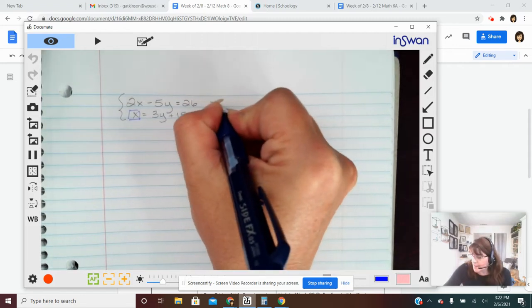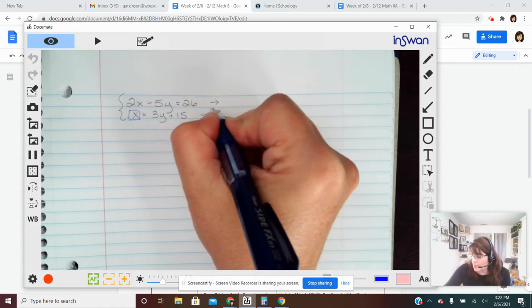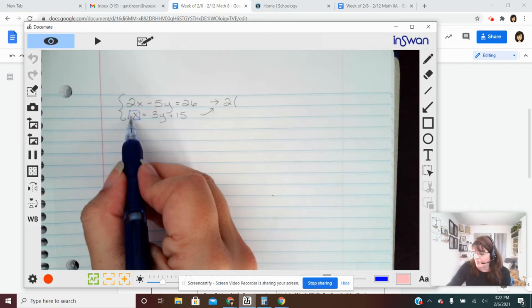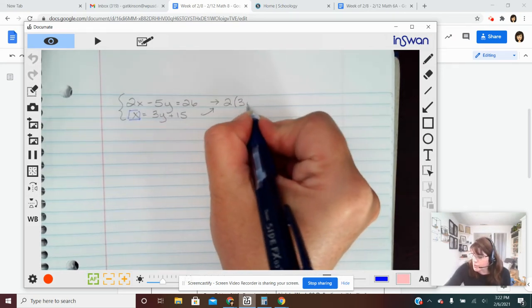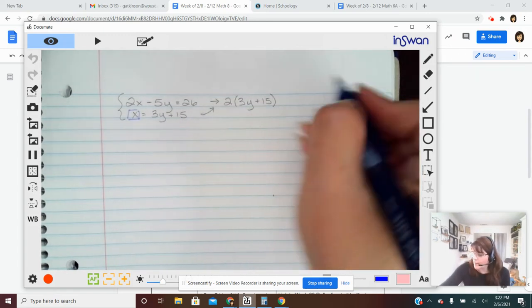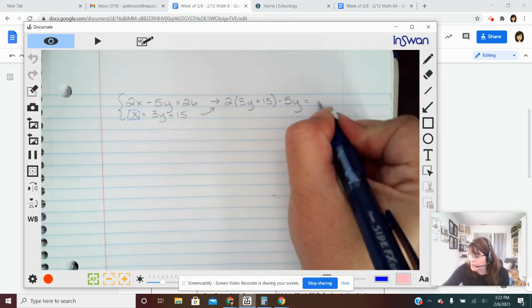So I'm going to rewrite this with the substitution. 2 times, instead of x, I'm writing its value. 3y plus 15 minus 5y equals 26.